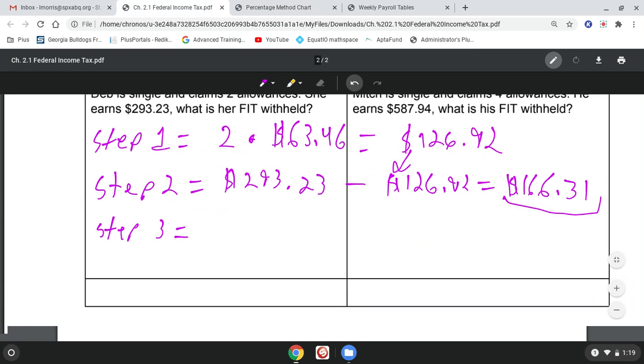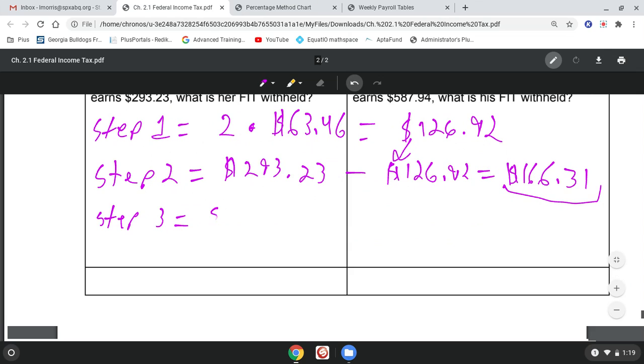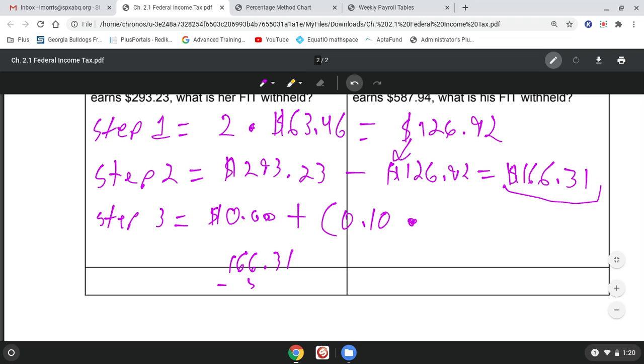So to find what it is, we're going to take $0 plus 10% of anything over $51. That's 0.10 as a decimal times, and then we take 166.31 and subtract 51.